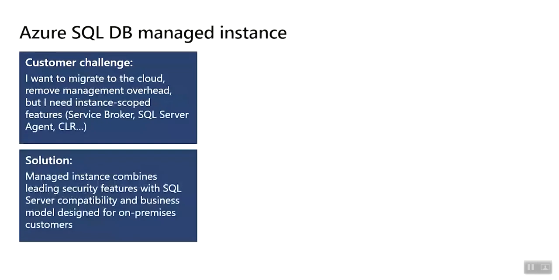So managed instance depends on a lot of other different Azure services like Azure Storage for backups, Azure Event Hubs for telemetry, Azure Active Directory for authentication, Azure Key Vault for transparent data encryption, and a couple more other Azure services that provide security and supportability features.